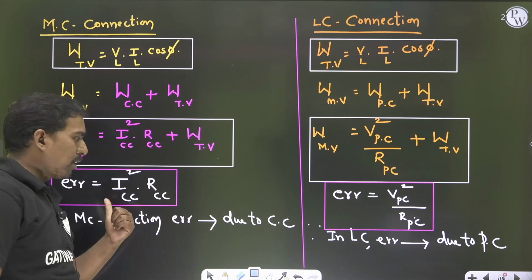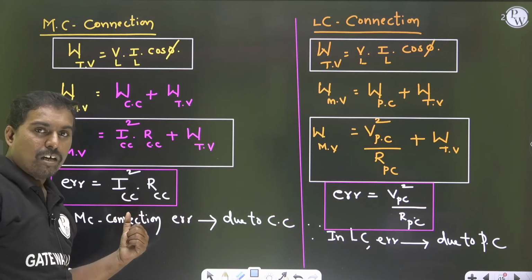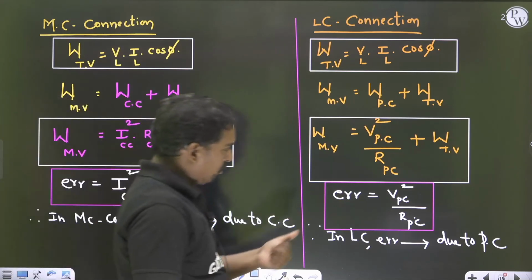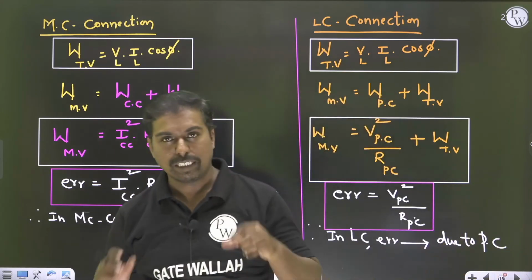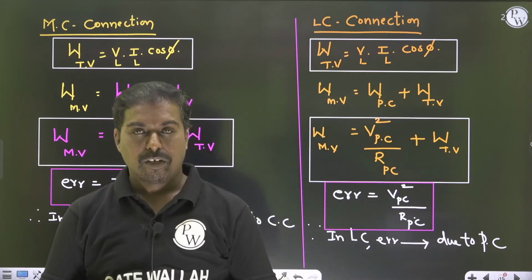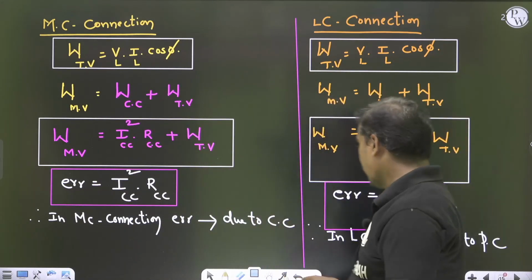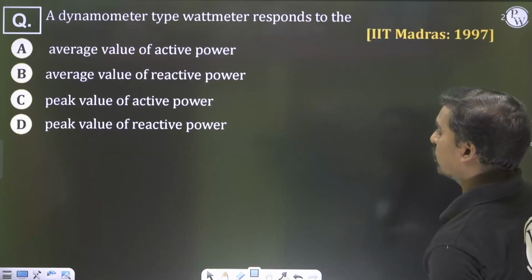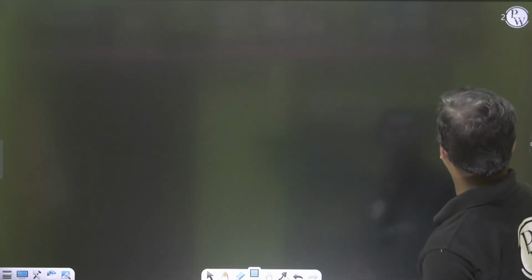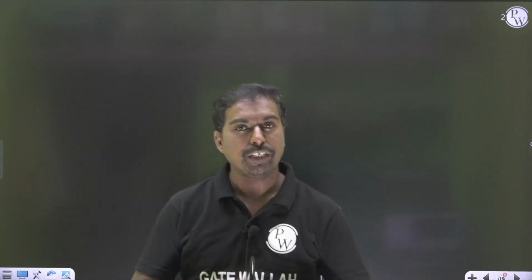This one is best suitable for small currents or high loads, and this one is best suitable for high currents or low loads. So that is a quotation you can write. This is one of the important areas where you are going to get questions: error due to the connections.